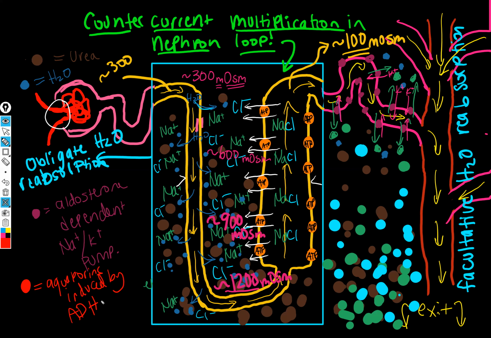They mean aqua, water, porin, a pore. It's just a water pore. So it's a special channel. Its inner chemistry is such that only water can go through it, not other stuff. But it allows water a way out, both in the DCT and collecting duct.